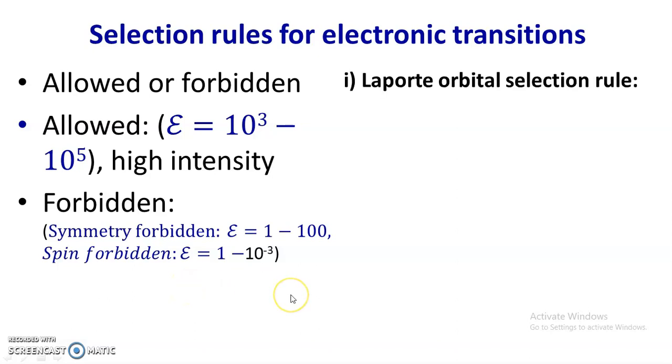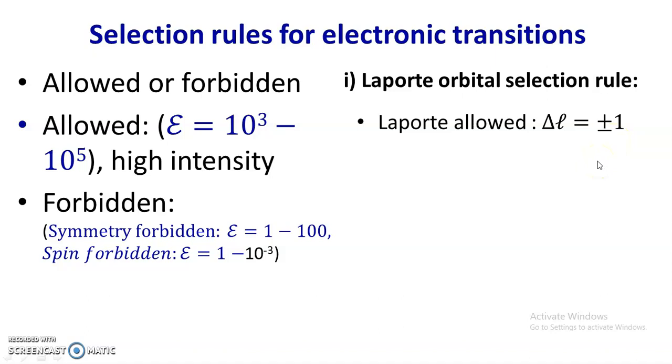Now the first selection rule is the Laporte orbital selection rule. This Laporte orbital selection rule is for complexes with a center of symmetry. The transitions which involve a change in azimuthal quantum number, that is delta L equal to plus or minus 1, are Laporte allowed. So for Laporte allowed transitions, delta L, the change in azimuthal quantum number, is equal to plus 1 or minus 1.